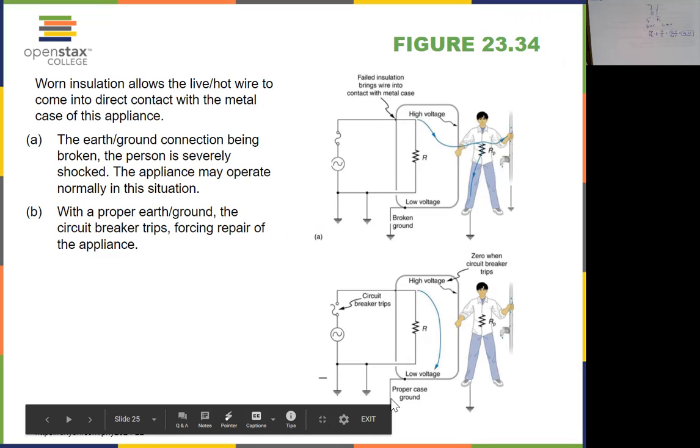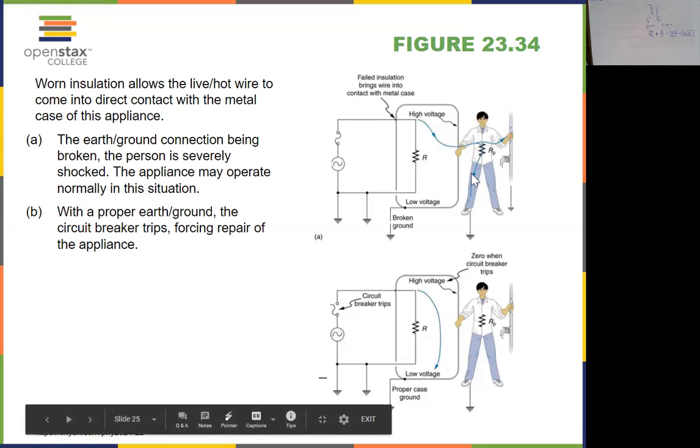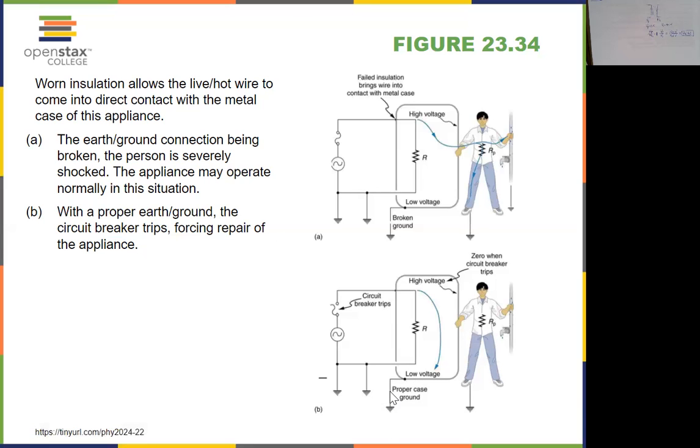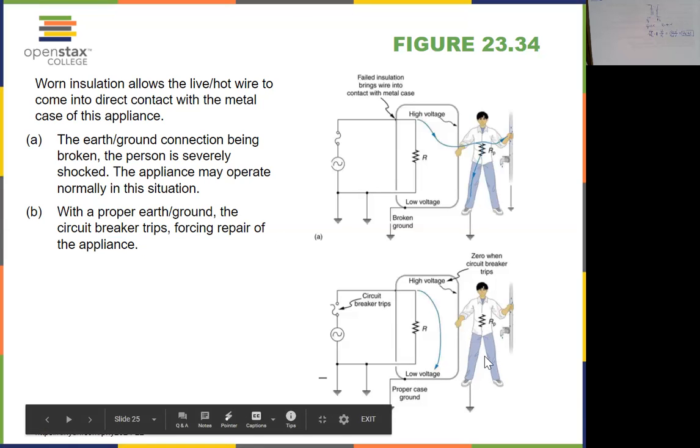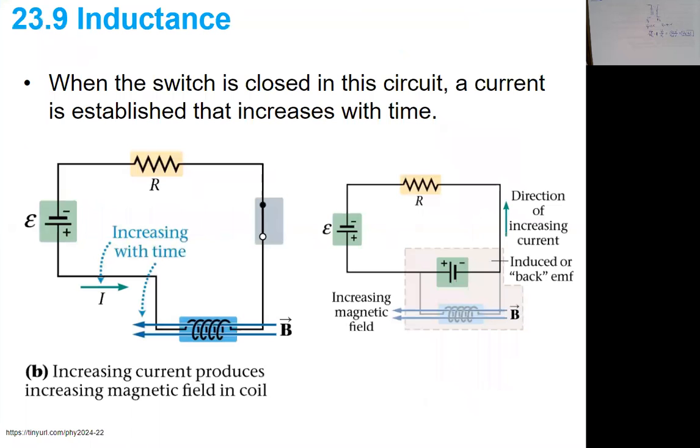We know that current prefers to go through a low resistance route than going through your body. Your body has a resistance that's much larger than the wire. So the current will go through the wire to the ground instead of going through your body. That's why ground lines are used.